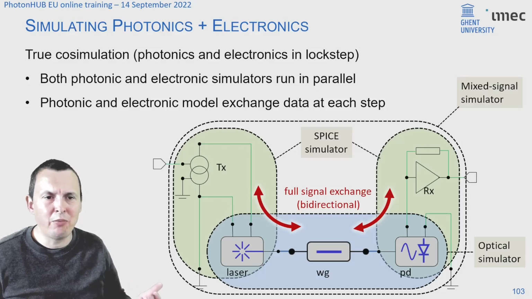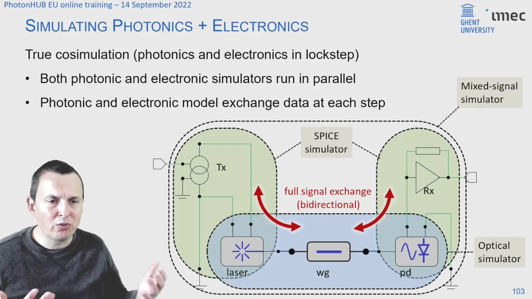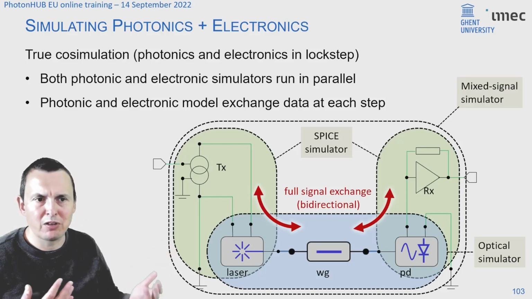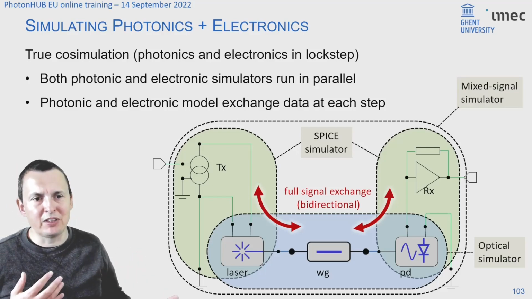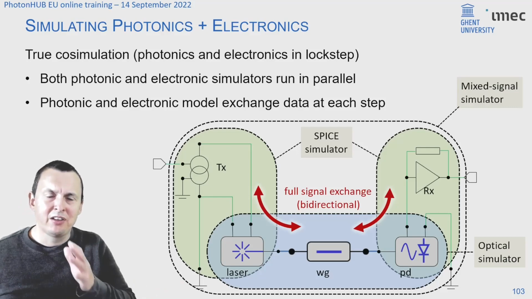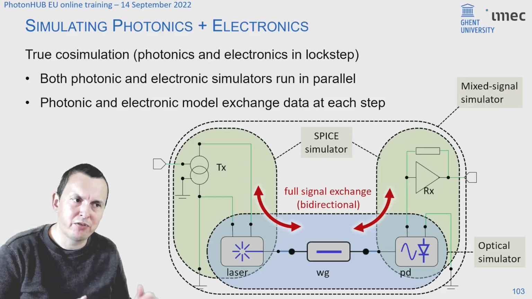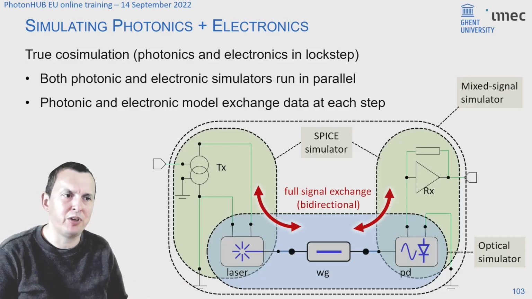So today we are seeing some implementations that are already in use. One example is the combination of Cadence with Numerical, where you have this mixed signal co-simulation between, on one hand, an electronic simulator for the electronics and a photonic simulator for the photonics, with continuous exchange of signals and information between the two.